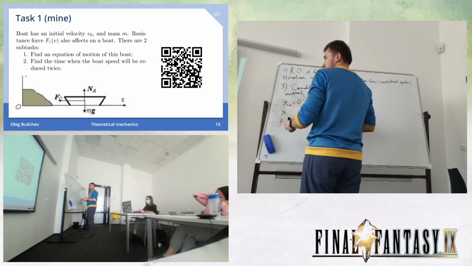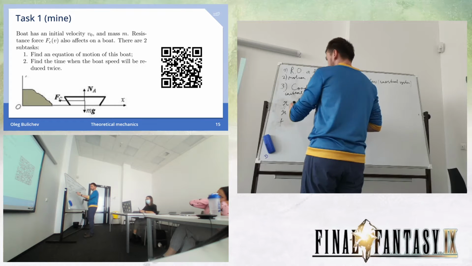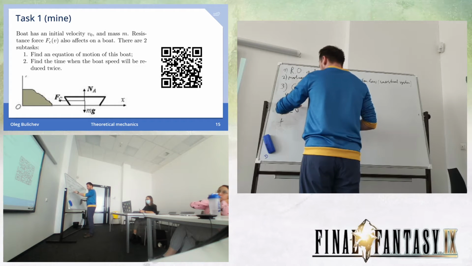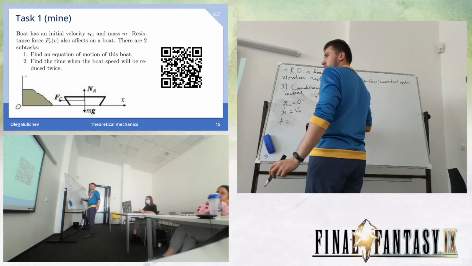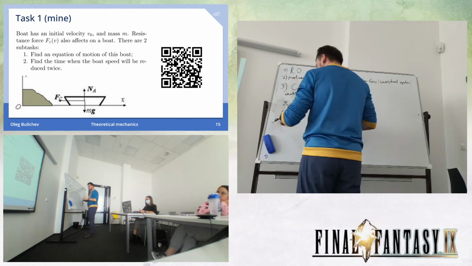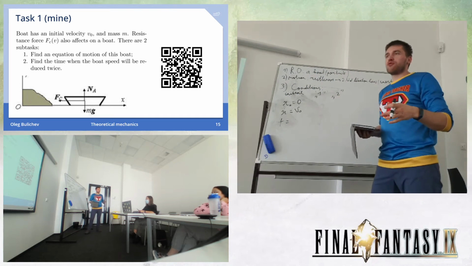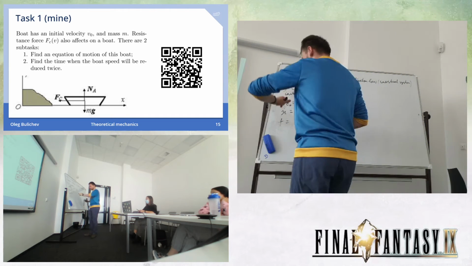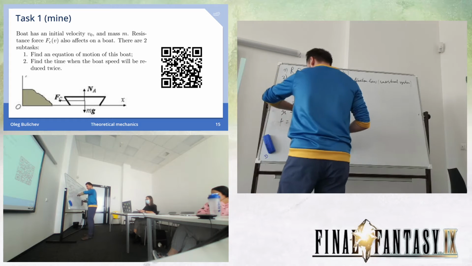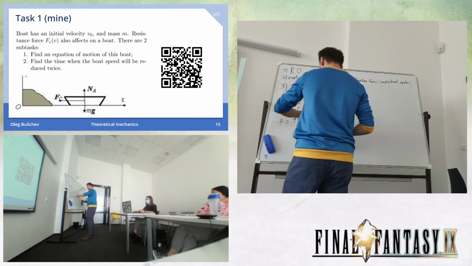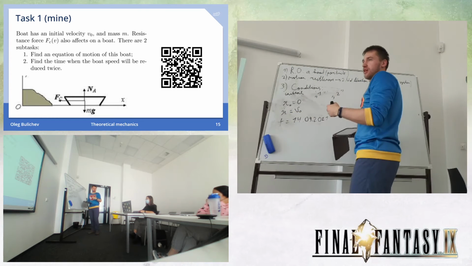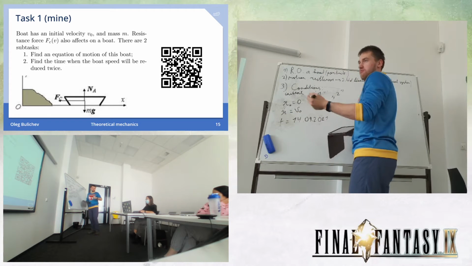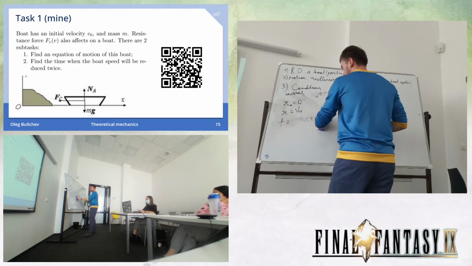What should be our initial velocity? V0, we have it there. Our time is not given, but it's time 0 for initial. You can choose it. We can start from 0. If it depends on the time, it might have some other ideas, but for our case, we can say it's equal to 0.